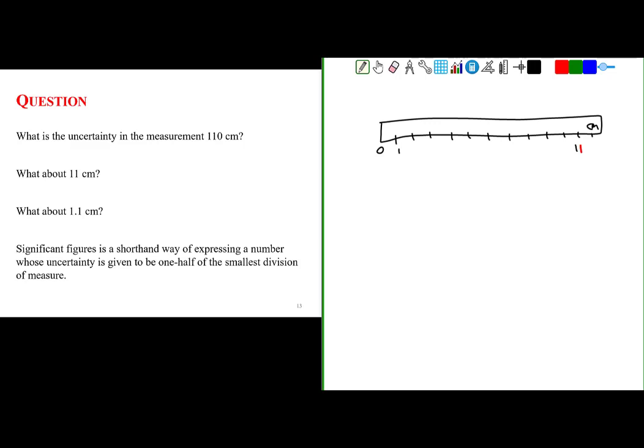And let's say using our measuring device, we measure the length of a banana slug. And in measuring the length of the banana slug, we see that the banana slug seems pretty darn close to the 11 centimeter mark.